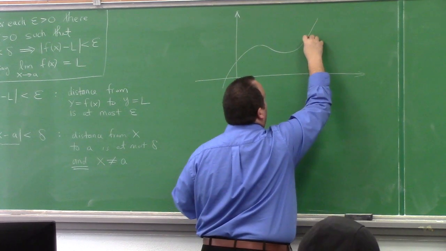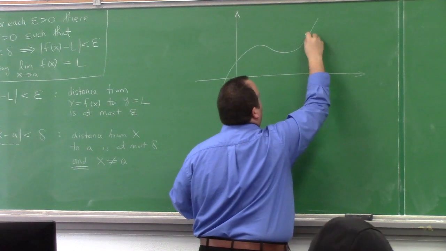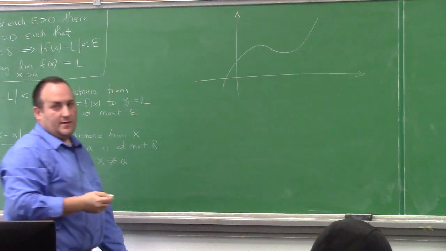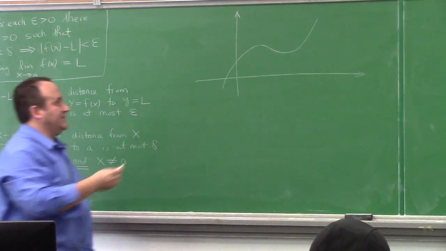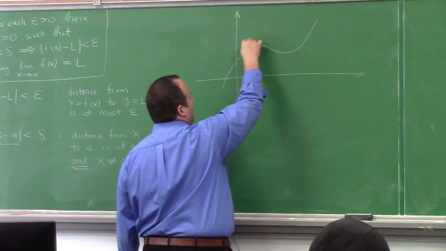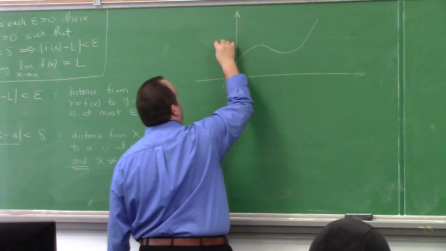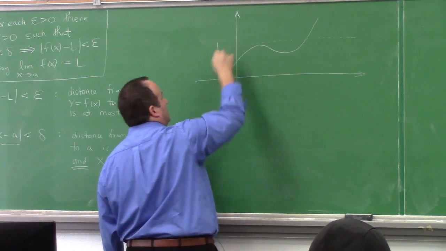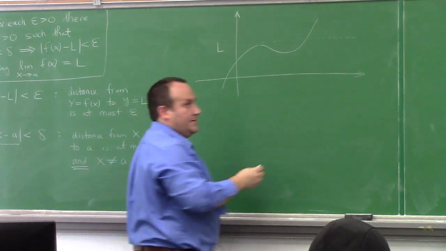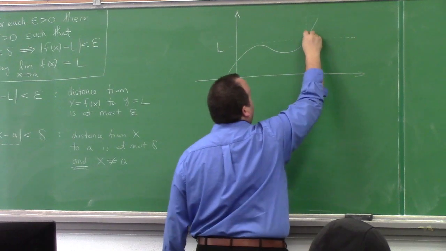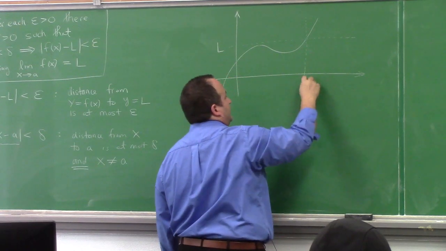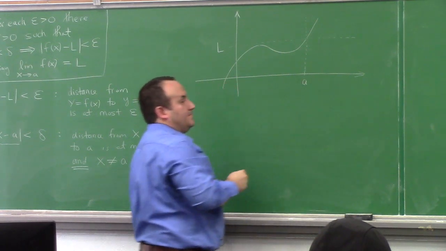I'll draw a little hole in the graph. This is what we call L, the limiting value, and the limit point here is what I've denoted by a.